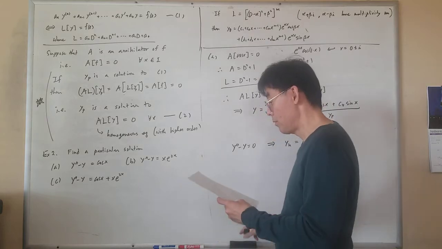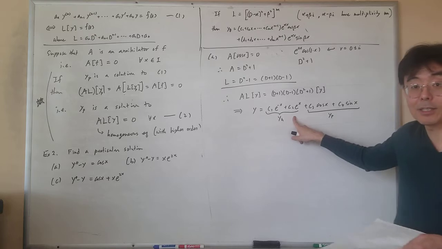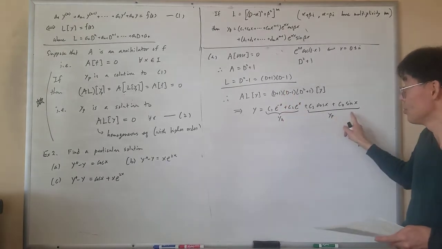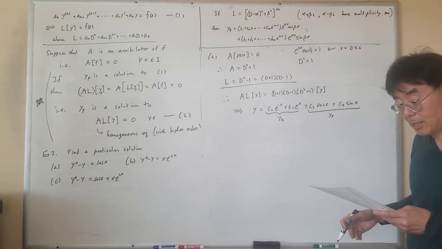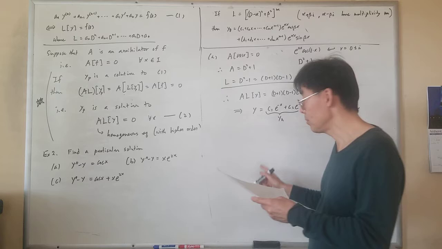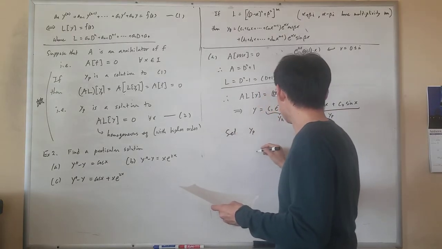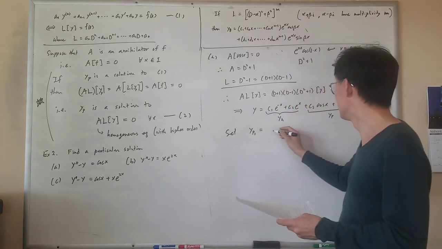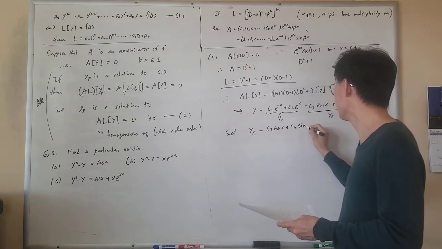So, after you recognize a solution from the homogeneous equation, you recognize which parts will form a particular solution. So we set the particular solution, I'm going to call it yp1, as c3 cosine of x plus c4 sine of x.